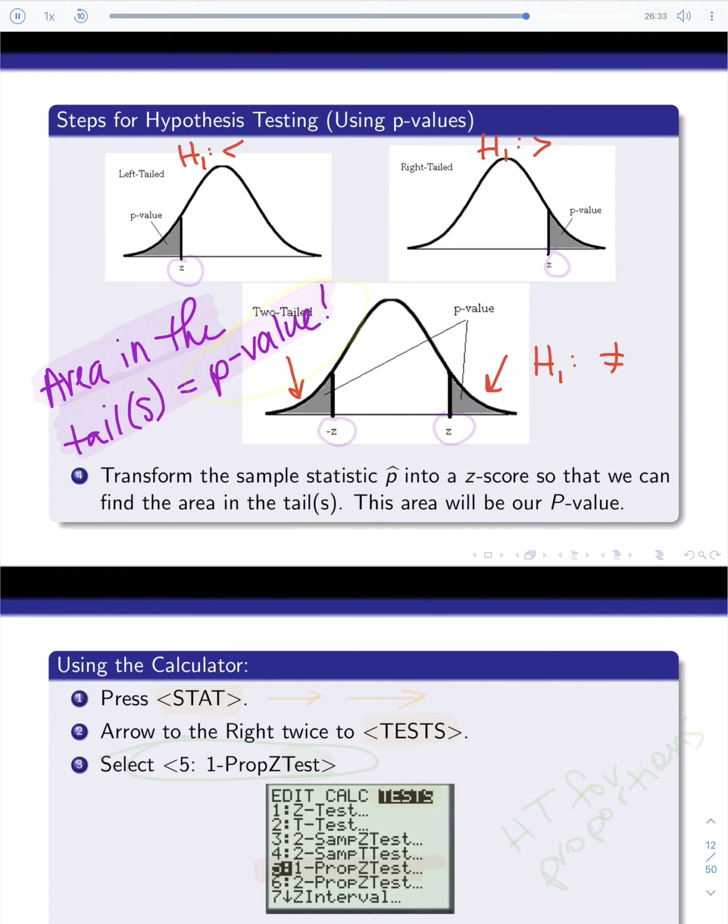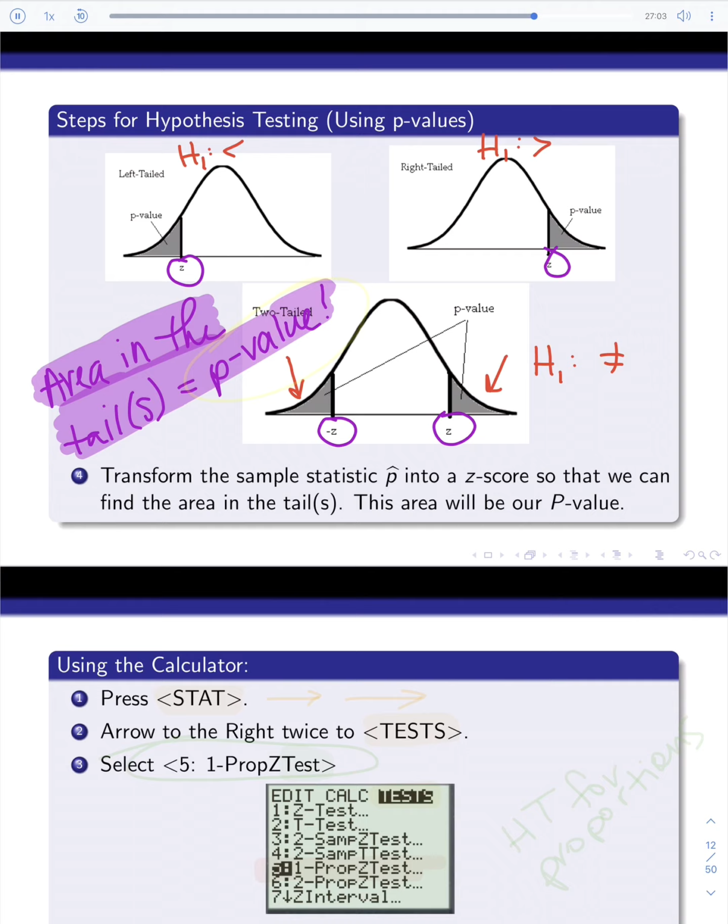That's going to be the goal of all this, is to take some z-values, find the area in the tail or tails, and that area, depending on if it's one-tailed or two-tailed, left-tailed or right-tailed, is going to be what's called a p-value. And that's going to be what we really care about. That's why this whole testing is called using p-values.